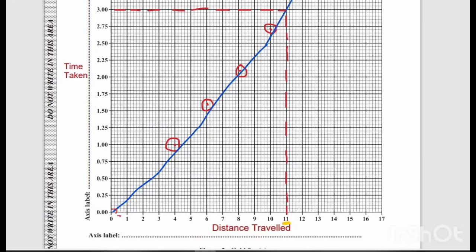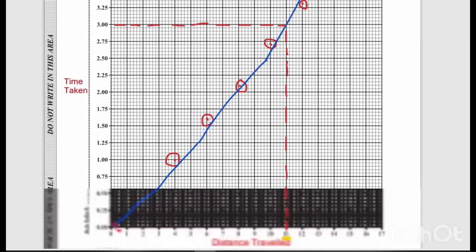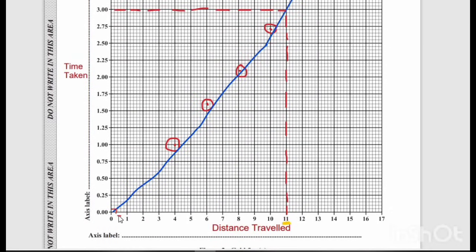So for this graph, your distance traveled would be on your x-axis, and your time taken would be on your y-axis. And the reason for this is because your distance traveled is your independent variable, and your time taken is your dependent. So remember, your independent always goes on your x-axis.